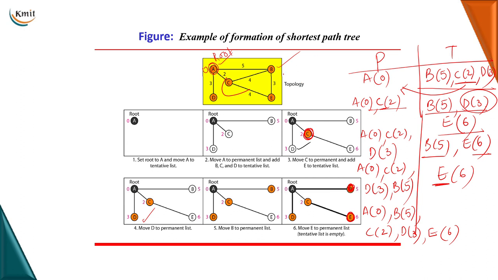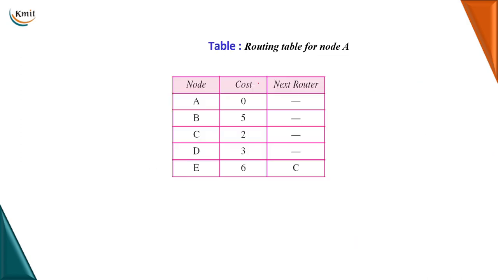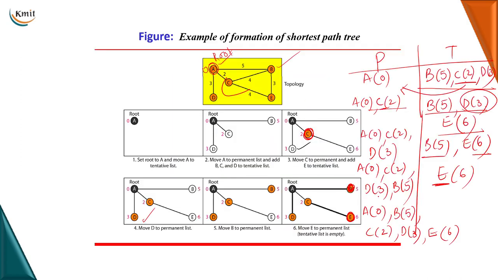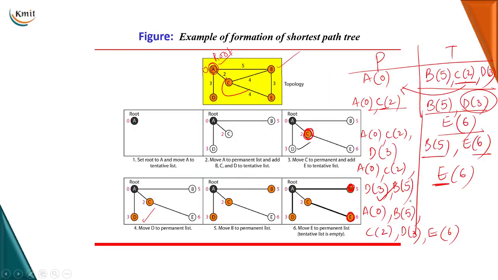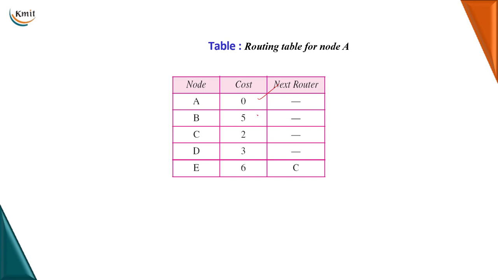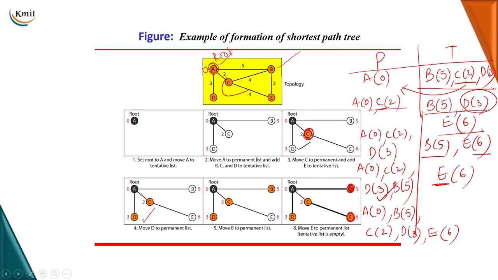Likewise, I can make a routing table for all the other nodes in the network. You can see A with a cost of 0, B with a cost of 5, C with 2, D with 3 and E with 6.